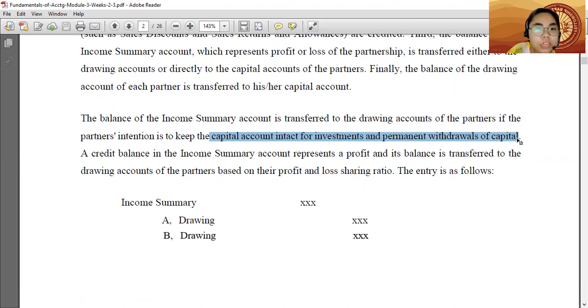Okay, so a credit balance in the income summary account represents a profit. It is a profit, class, because when we charge it, if it is a credit, then to make it zero, we debit the income summary account. So we credit the capital account. So that means there is an increase in our capital account. And its balance is transferred to the drawing accounts of the partner.